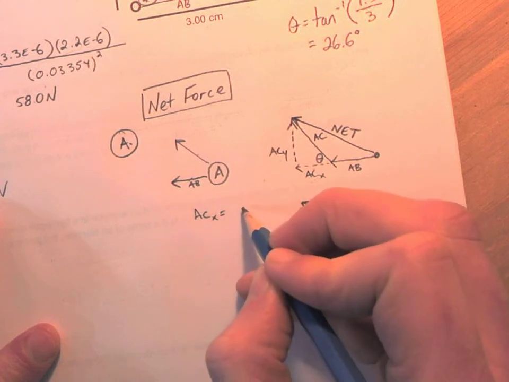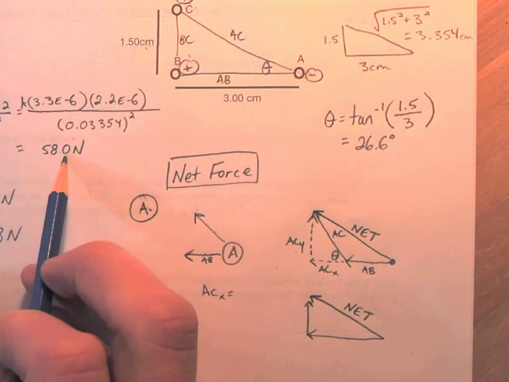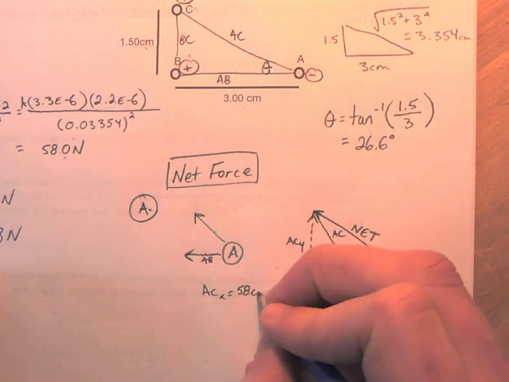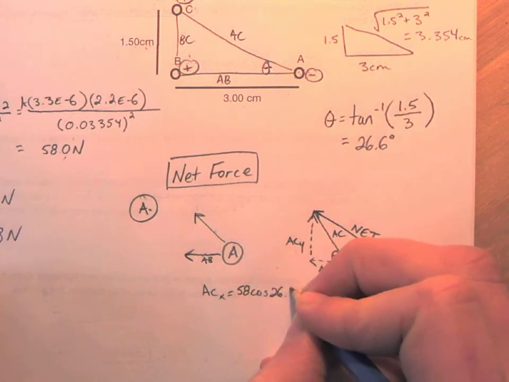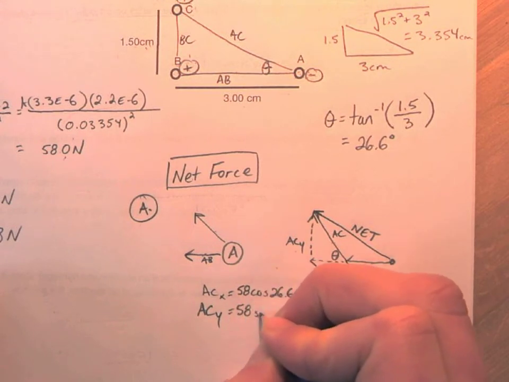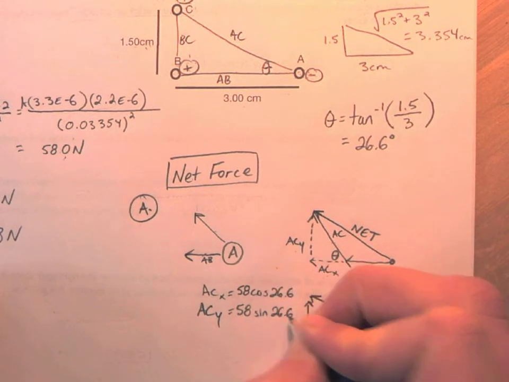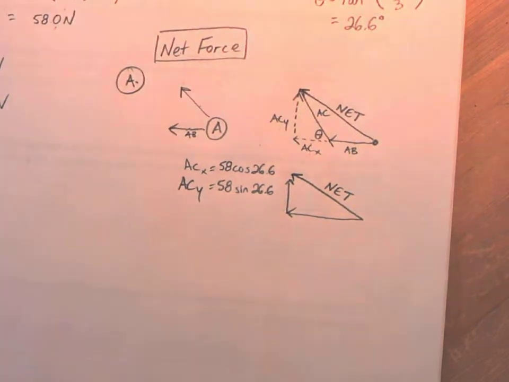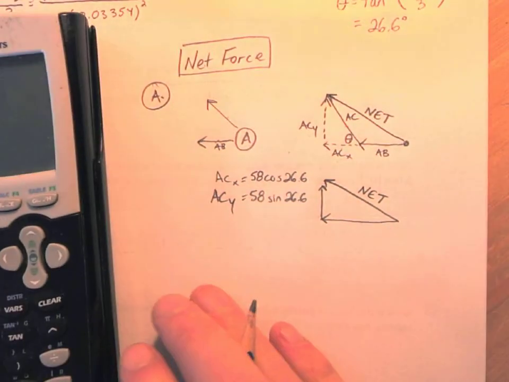ACX is going to be AC, which is 58 cosine 26.6, and ACY is 58 sine 26.6. Okay, so let's type that in our calculator.